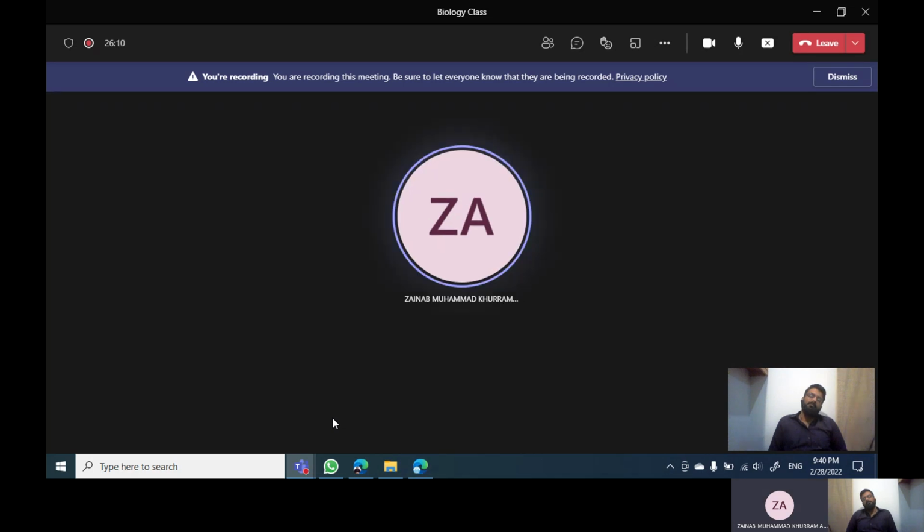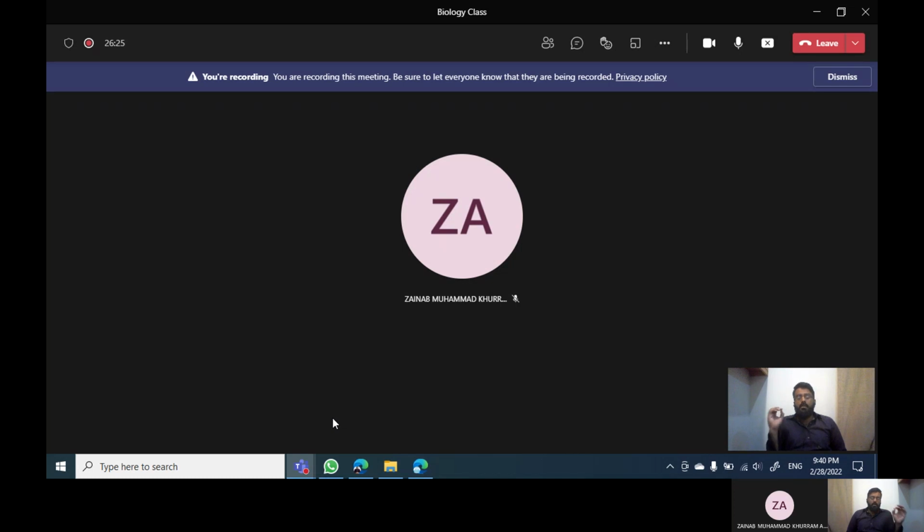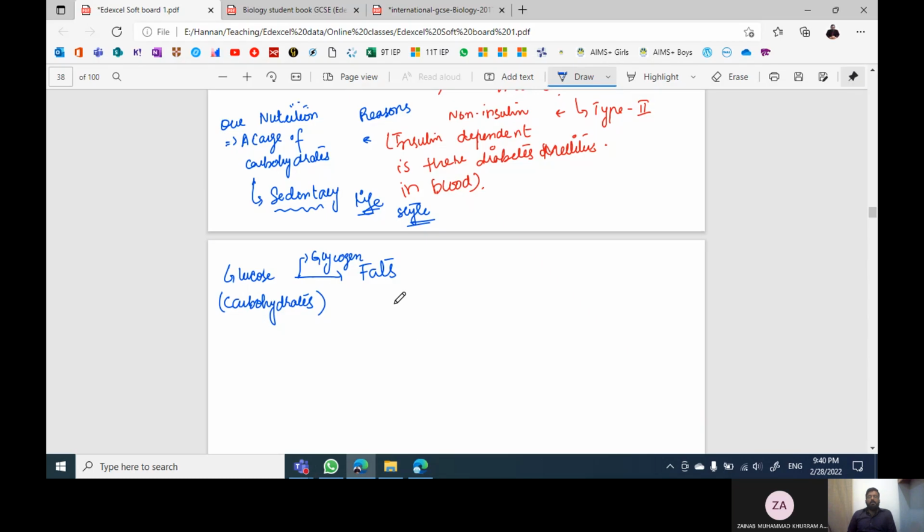Glycogen is a substance that can be stored to be converted into glucose for later use. It is an energy reservoir, but we only have a reserve of glycogen for one day. So the body first tries to convert every sort of energy into glycogen, but we have limited capacity to store it, so we store it in the form of fats.